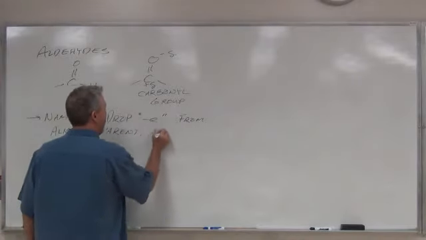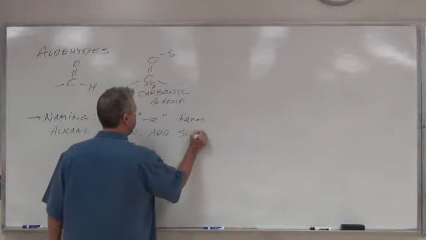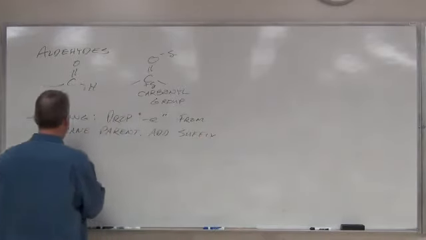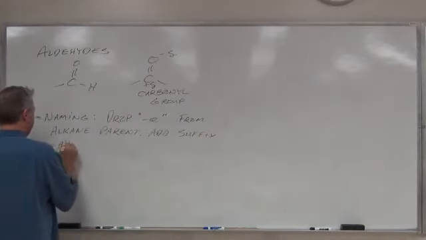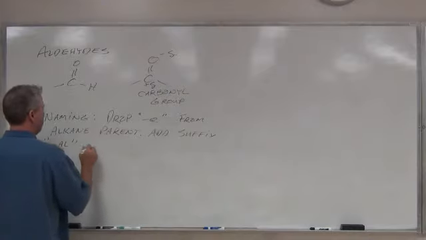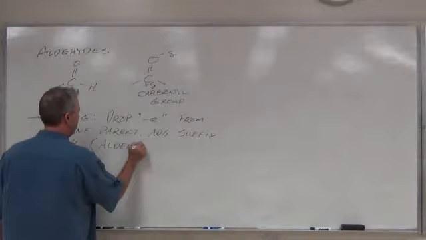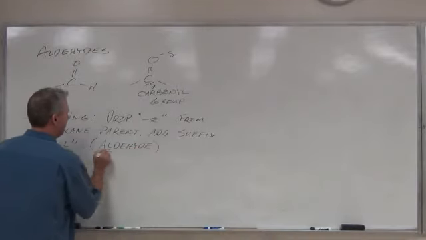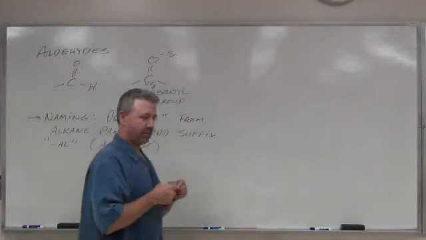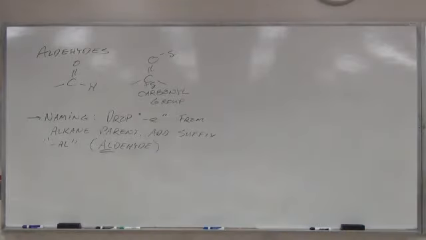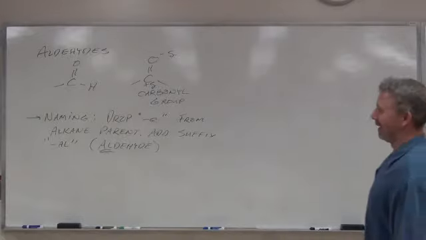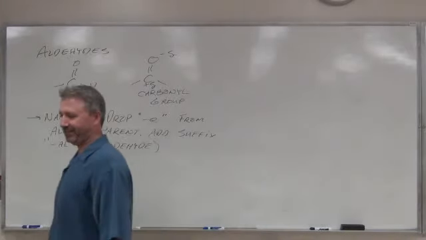And we're going to add the suffix -al. Now, the word aldehyde starts with Al, so all the aldehydes end in -al. I know, it doesn't make a whole lot of sense, but you've got to relate them somehow. It doesn't end in -yde.